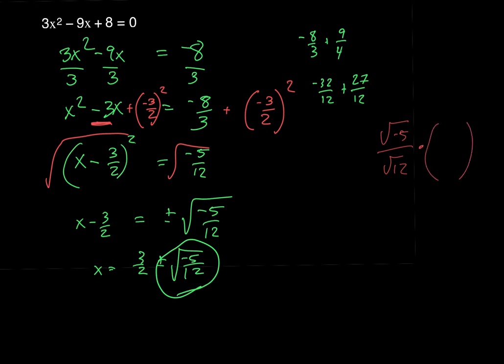We did this last time we met, I think. It's called rationalize the denominator. The one I'm going to choose is the square root of 12 over the square root of 12. Anything divided by itself is 1. And when I do that, square root of 12 times the square root of 12 is 12. So in the top, I'll have the square root of negative 60 over 12. This 3/2 still exists out in front, plus or minus.